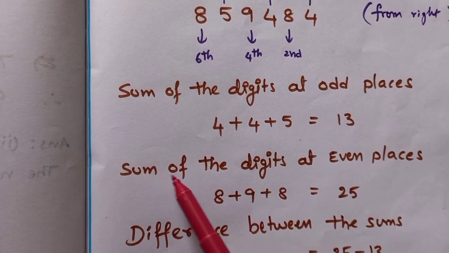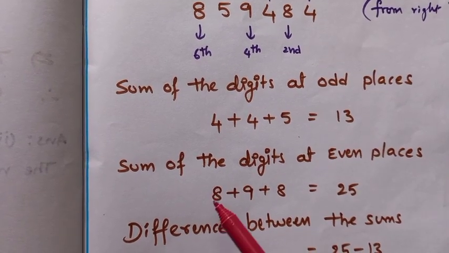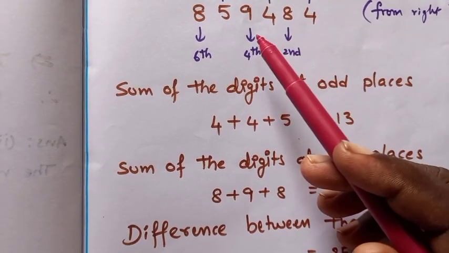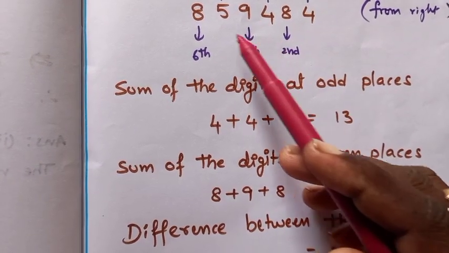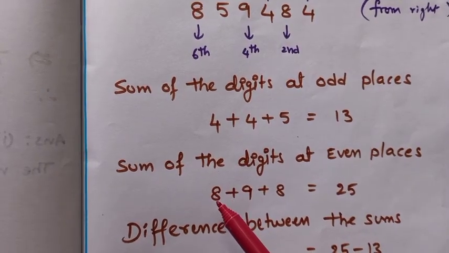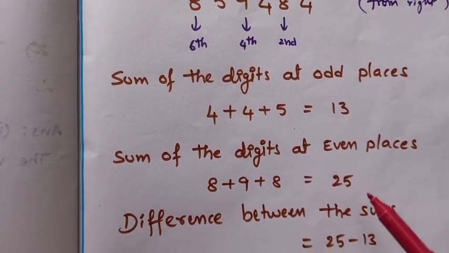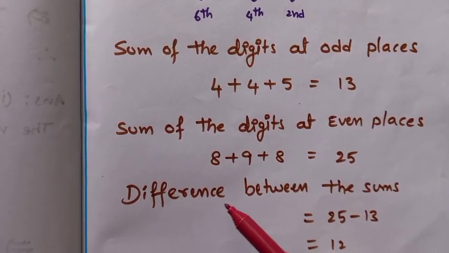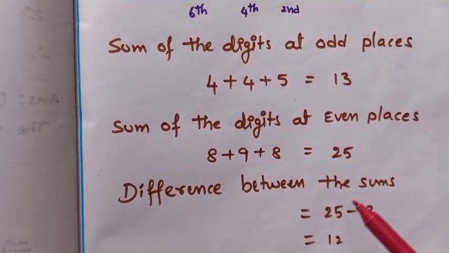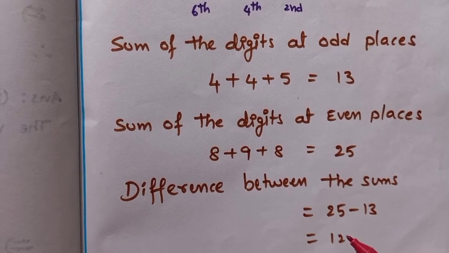Again, the sum of digits at even places. Even places means 8 in the second place, 9 in the fourth place, 8 in the sixth place. Therefore, the sum is 8 plus 9 plus 8 equals 25. Now, the difference between the sums. Here, 25 minus 13, we get 12.